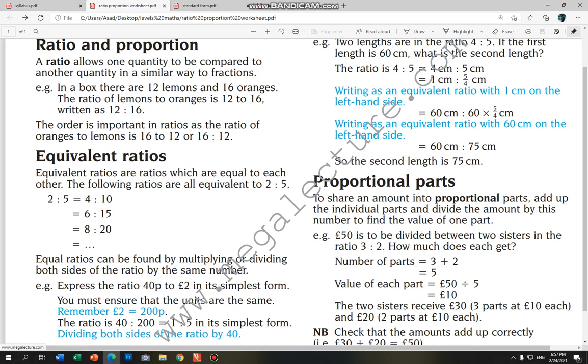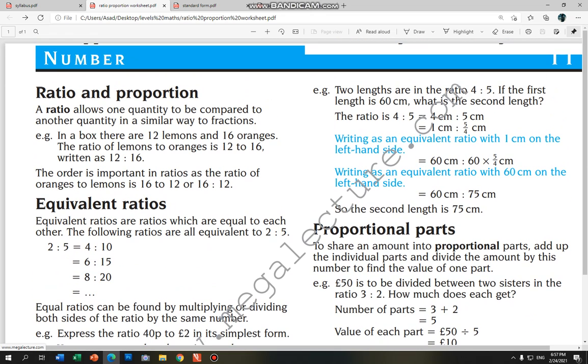The order is important in ratios, as the ratio of oranges to lemons is 16 to 12. You can't say 12 to 16 for oranges to lemons, because oranges are 16 and lemons are 12. So this was the definition of a ratio.